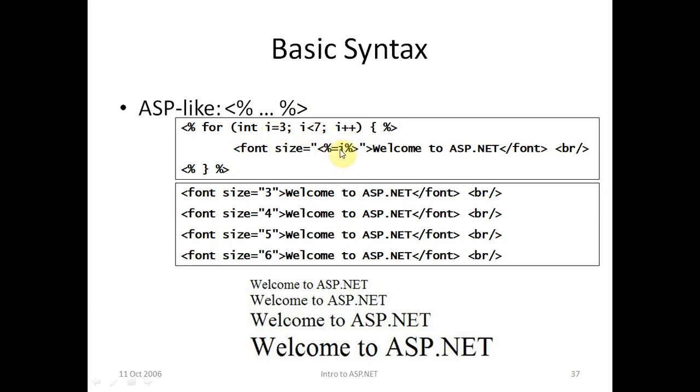So in the first round i will be 3, then 4, then 5, then 6, up to less than 7 we are running this line. So up to 6 we are running this line, Welcome to ASP.NET, and we are closing it with slash font, and we are choosing BR tag, and then we are closing the curly bracket. So like JSP we have this in ASP.NET.